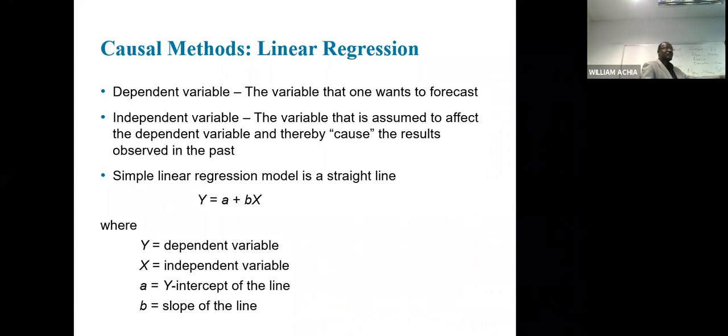So here we're going to use a very simplistic linear regression approach where, rather than doing multiple regressions, just a simple linear regression where you're going to be forecasting something on the basis of some historical information that's been given to try and come up with a forecast of the future.